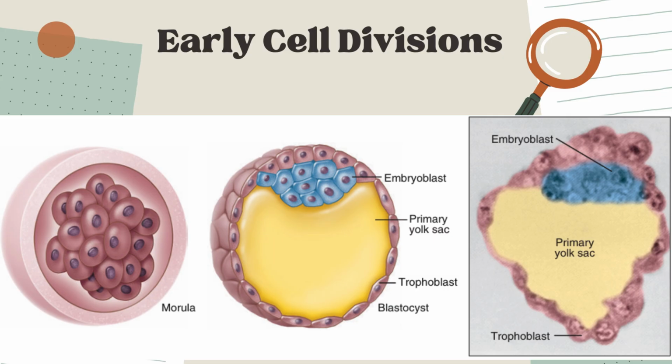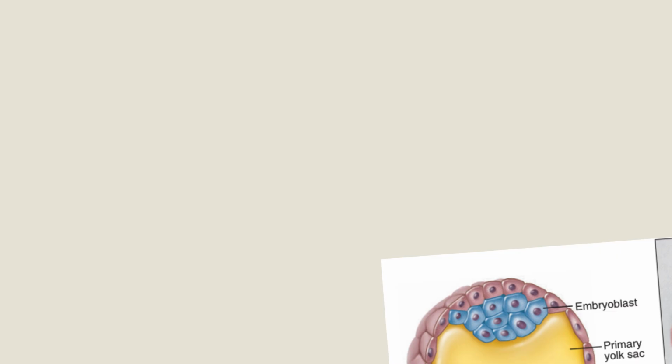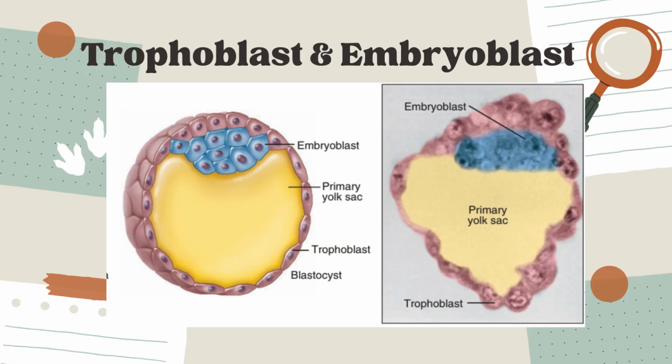Within the blastocyst, two important cell types emerge. The trophoblast forms the outer layer and plays a major role in implantation and placental formation. Inside the cavity lies the inner cell mass, or the embryoblast, which will ultimately give rise to the entire embryo.